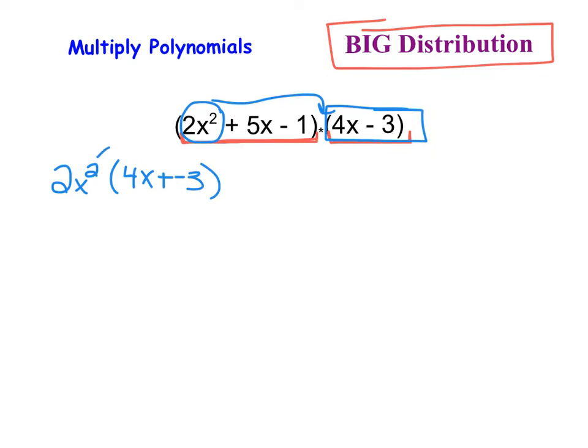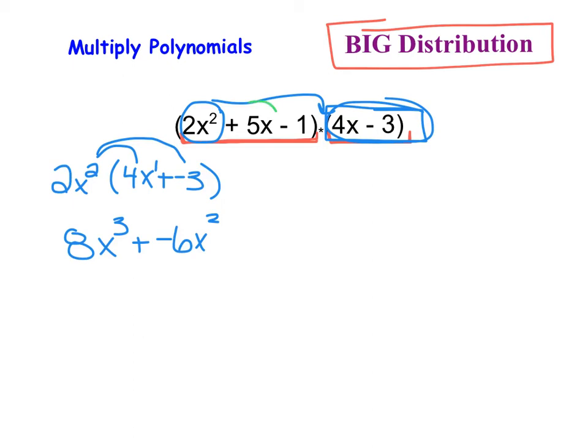So I can write, okay, I have 2 times 4, which is 8. X squared times x, which is x to the third. And then I have 2x squared times negative 3, so that gives me plus 2 times negative 3 is negative 6, x squared. So I take the first term and multiply it by both terms in that second set of parentheses. And then I move on.